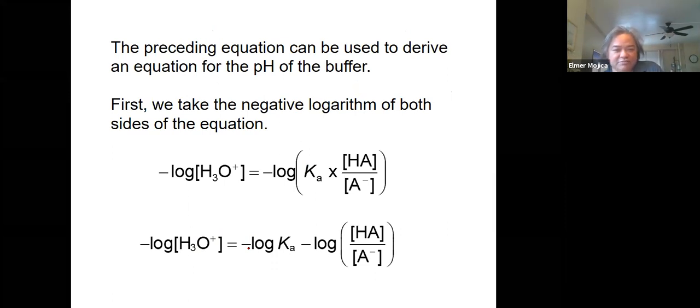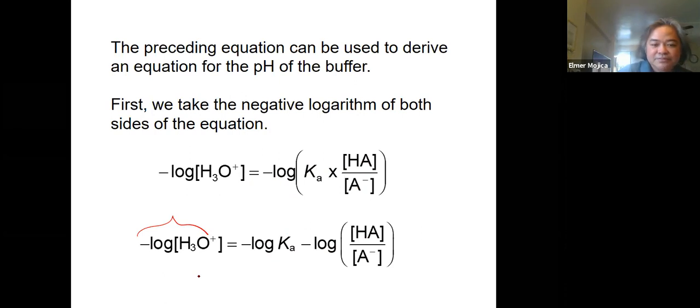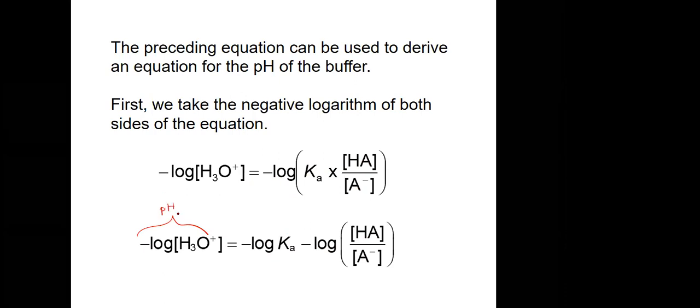So if we get the negative log of all sides, so this is what we have, negative log H3O plus, negative log times Ka times HA divided by A minus. And then we distribute it, we get a negative log of Ka and then the negative log of HA over A minus. Now, what is negative log H3O plus? Isn't this equal to your pH?